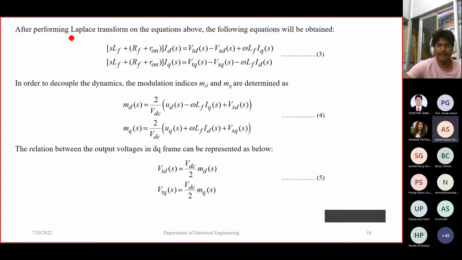After applying Laplace transform, we get equation 3. In order to decouple the dynamics, the modulation indices Md and Mq are determined. By using these, we can decouple the states. In the next slide, we can understand how they are decoupling and how we can eliminate the coupling between Id and Iq. The relation between the output voltage in the DQ frame is shown in equation 5.